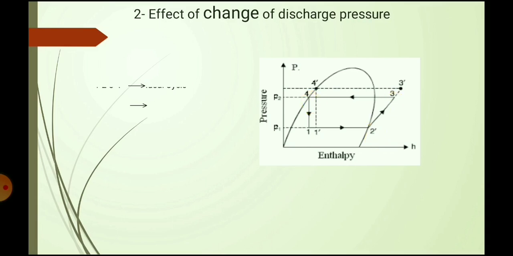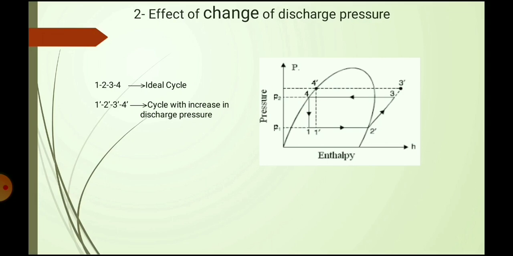The process 1 dash, 2, 3 dash and 4 dash is the cycle with increase in discharge pressure, or delivery pressure, or the condenser pressure. Remember it: 1 dash, 2, 3 dash and 4 dash. This is not 2 dash, this is 2.